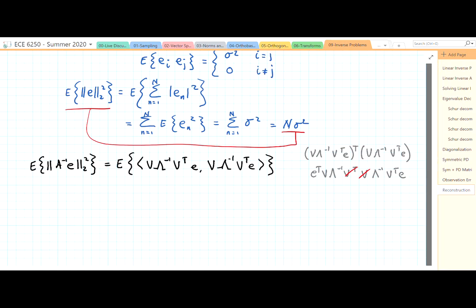So now we can express this in a couple different ways, and one of those is simply to say this is equal to the norm squared of lambda inverse V transpose E, because we've gotten rid of the other V in there.